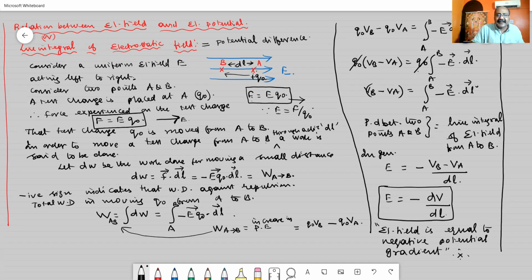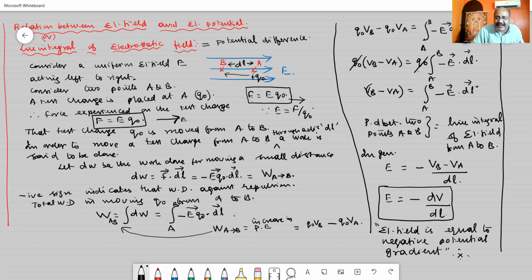Now the test charge Q naught is moved from the point A to the point B. In order to move it, I have to do work because the direction of the force is opposite to the direction in which the charge has to be moved.